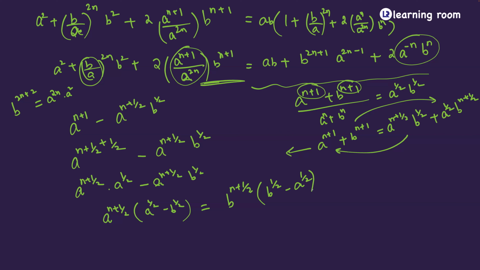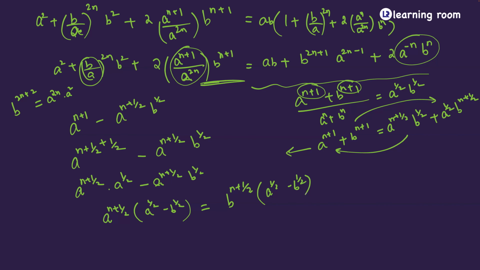You will get a power half minus b power half only, because you have a power half on this side, which is positive. How can a power half suddenly become negative? You're taking this b power n plus 1 to the other side. So you will get the answer as a power half minus b power half.